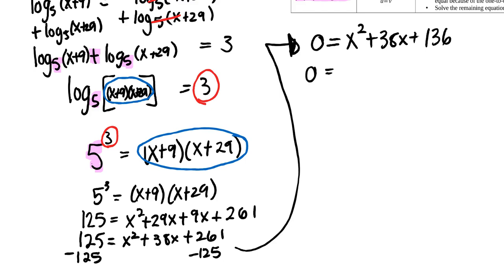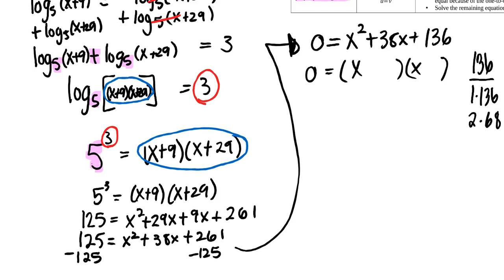So let me try to solve this quadratic by factoring. Get x and x. And let's see, what are factors of 136? Okay, 136 is 1 times 136. It's even, so 2 goes into it 68 times.